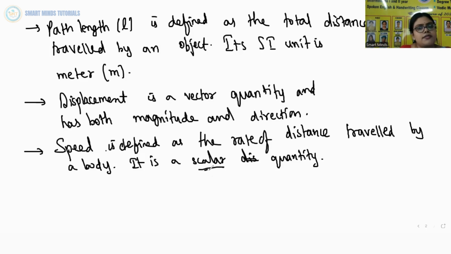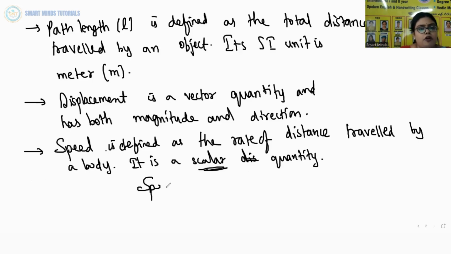Why is it called a scalar quantity? Because it has only magnitude. We say we are driving at 20 kilometers per hour or 50 kilometers per hour, but we don't say to the left or to the right. We don't mention the direction, right? Whenever we describe speed, we mention only the magnitude, but not the direction. So that is why it is called a scalar quantity.